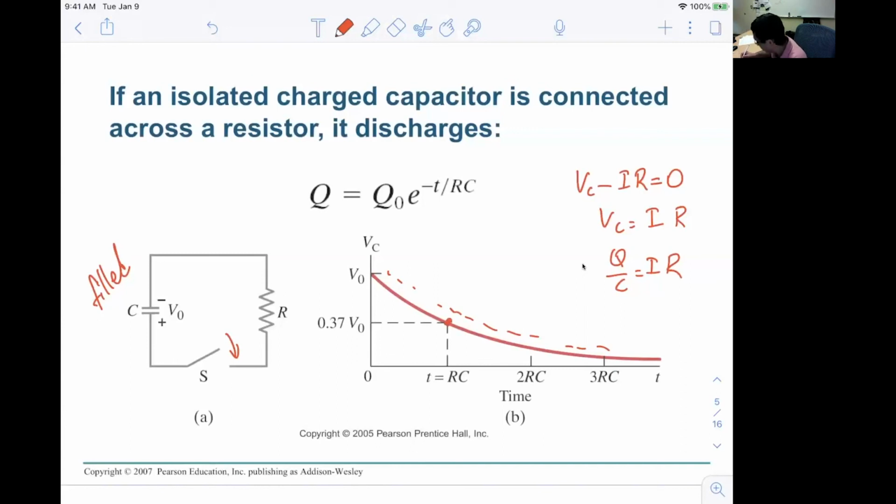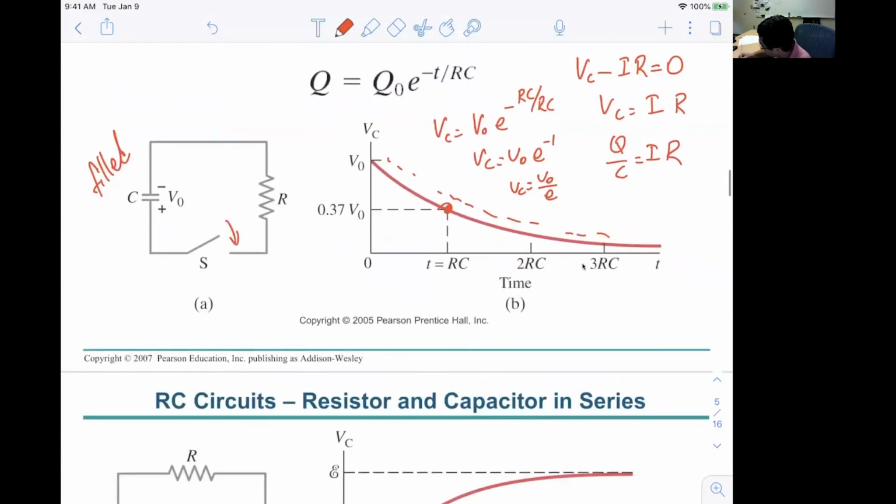So when you have a time of RC, the potential on the capacitance is going to be V naught e to the minus RC divided by RC, V naught e to the minus 1, or V naught divided by e. So the potential is going to be 0.37 V naught at that time constant. You can analyze this.